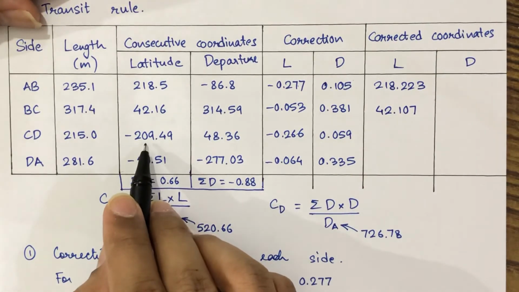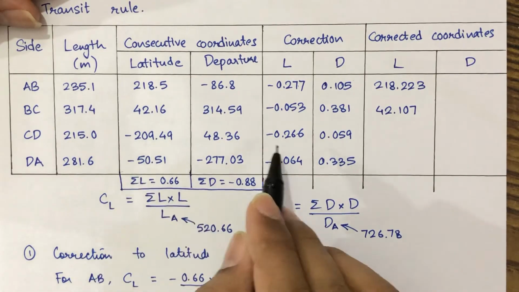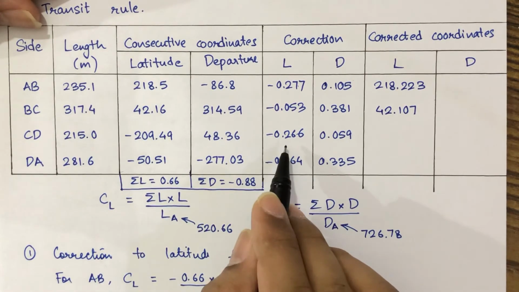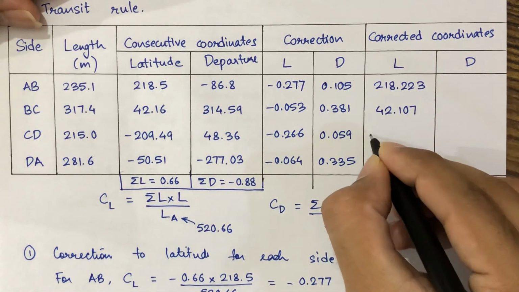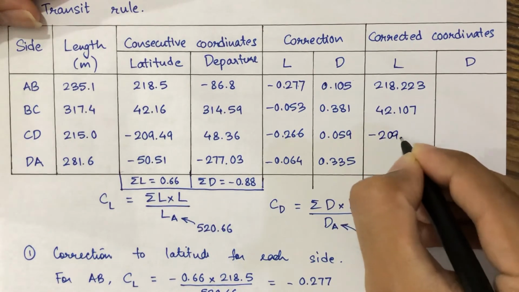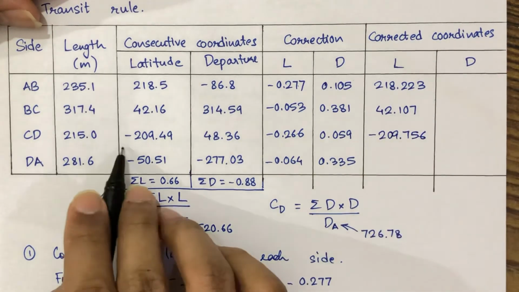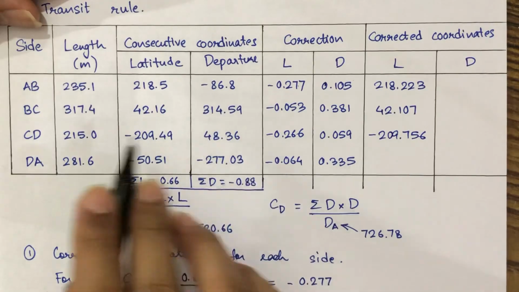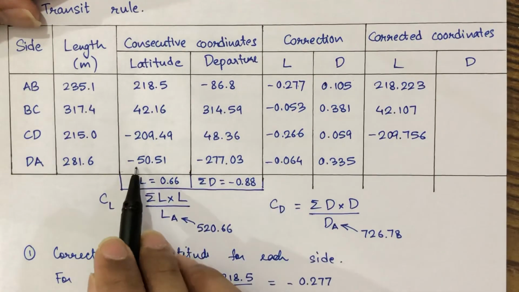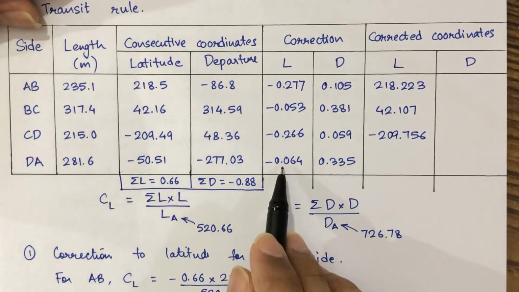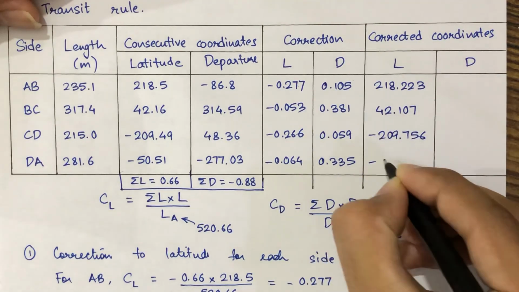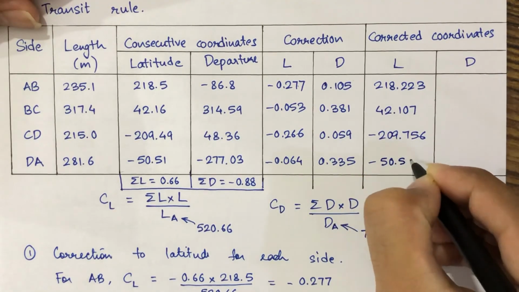Then minus 209.49 minus 0.266 is minus 209.756. Here you will have to consider this minus sign. Then minus 50.51 minus 0.064 is minus 50.574.